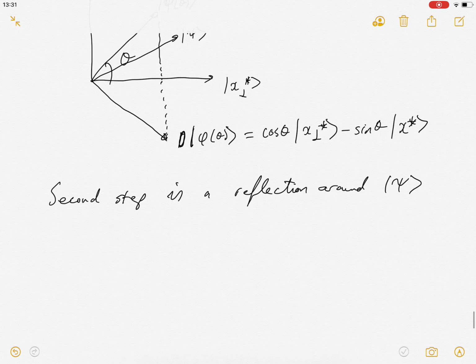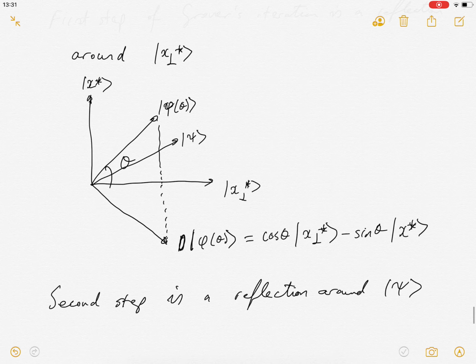So what we get now is this new state. This is H U perp H O phi theta. This is the result of a single application of Grover's iteration.